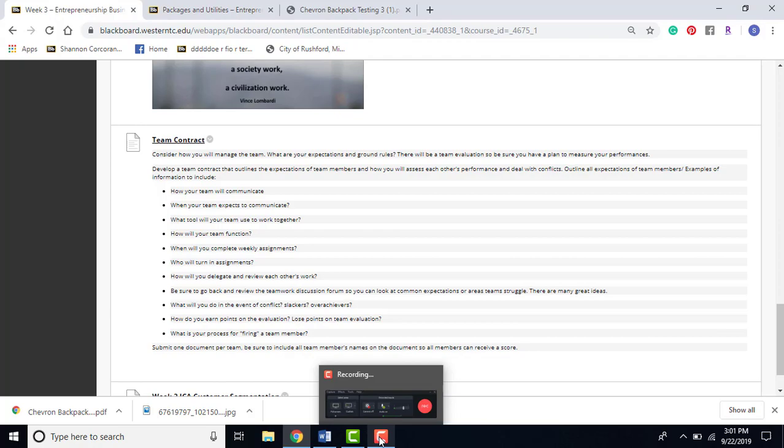You guys also had a discussion board or wiki, whichever it was, I can't remember, where we talked about team expectations and those sort of things. Go back to that and see how it relates to group work. What are some things that are common issues? What are some other things you should probably include in your contract? This contract's not going to be a page in length.